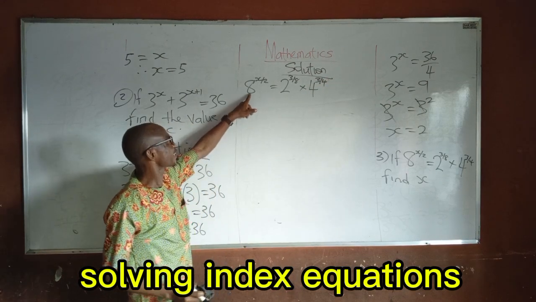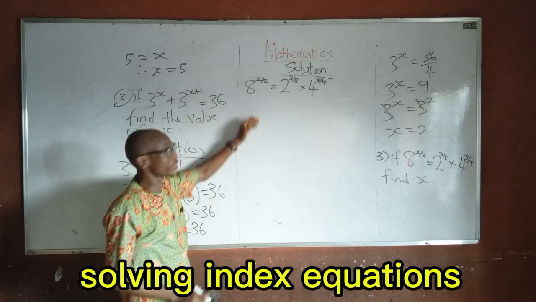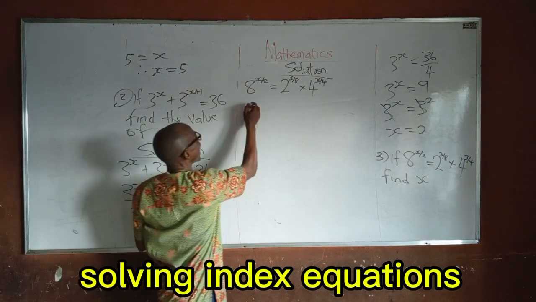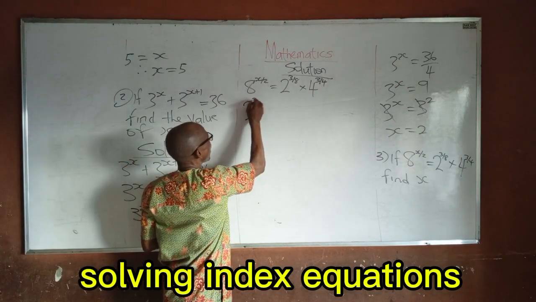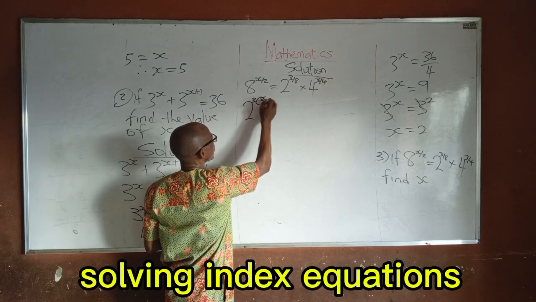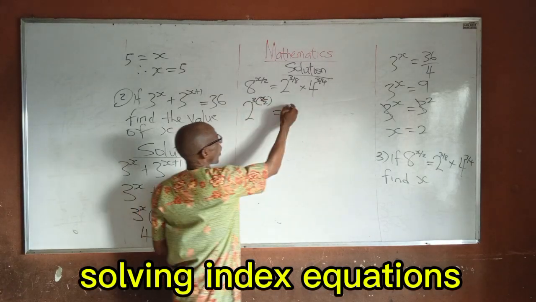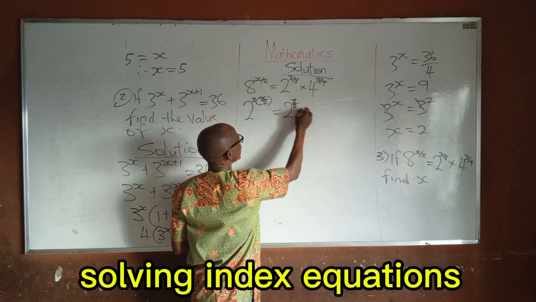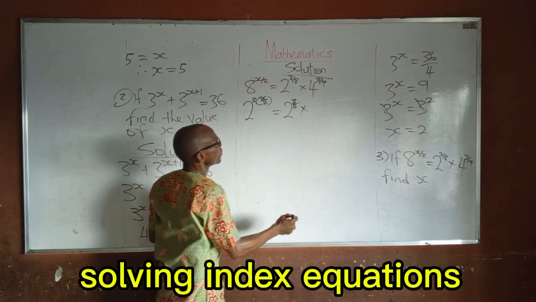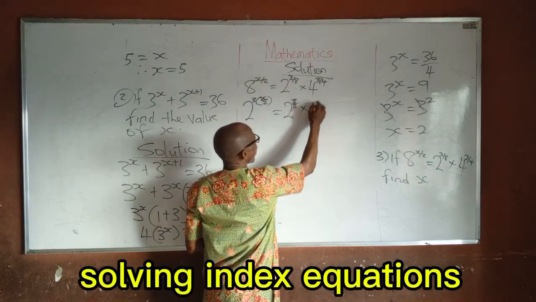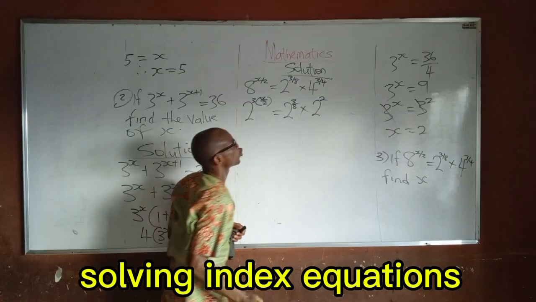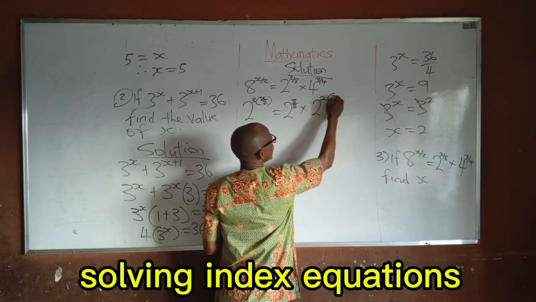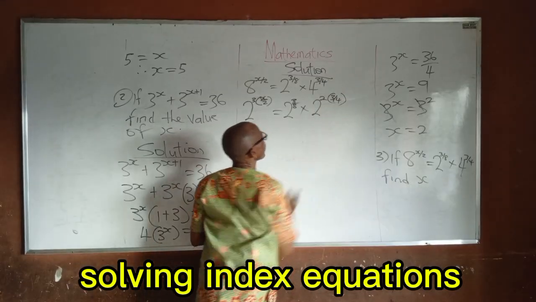8 can be written as 2 raised to power 3. So we now have 2 raised to the power of 3, open bracket, x over 2, equal to 2 raised to power 3 over 8 times 4, which can be written as 2 raised to the power of 2, open bracket 3 over 4.